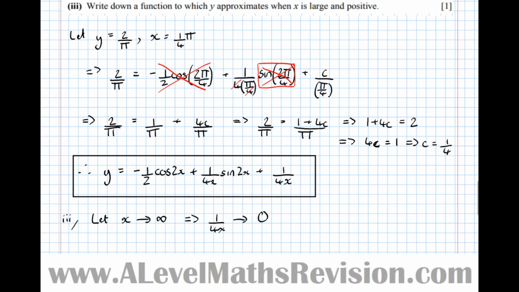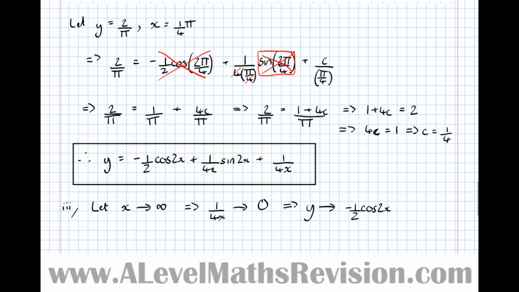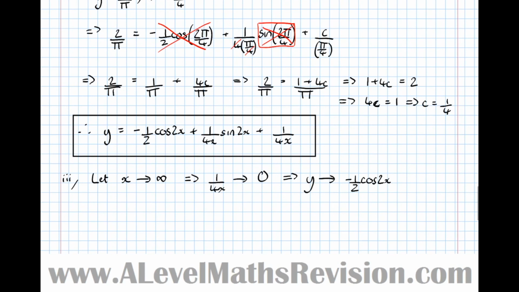So this in turn implies that y will approach minus 1/2 cos 2x. Because 1 over 4x approaches 0, this term will disappear and this term will disappear. Then we just get this function here. So the function to which y approximates is y equals minus 1/2 cos of 2x. And that is the answer to the third part.